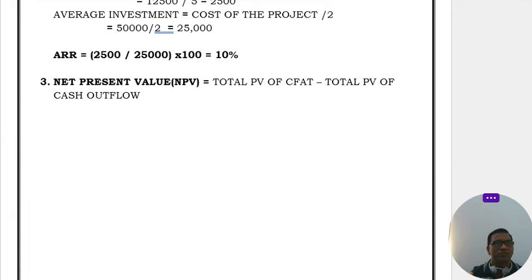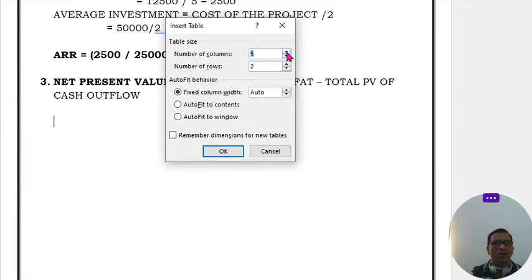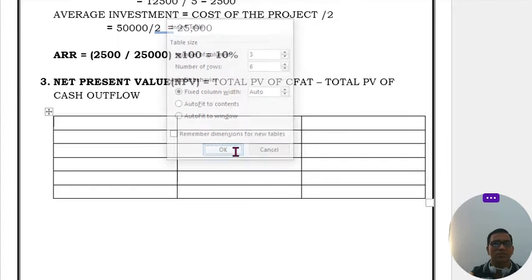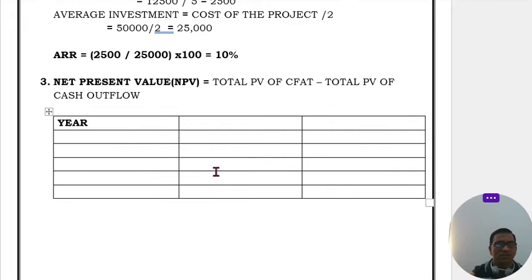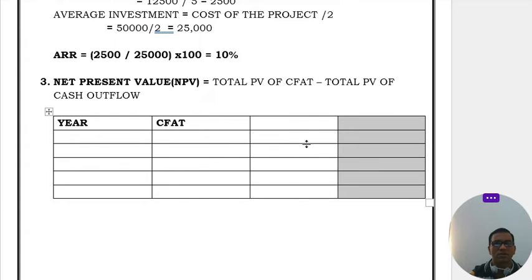So insert a table with columns: year, CFAT, PV at the rate of 10%, that is the present value of 1 rupee table values, and then PV of CFAT.